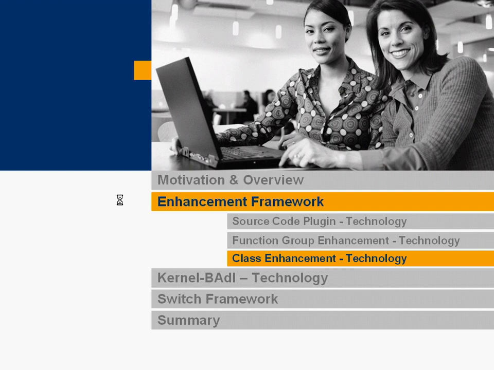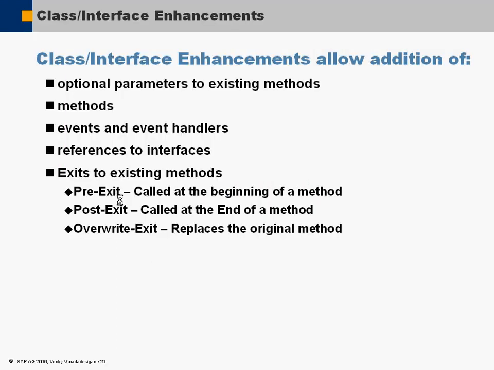Finally, the class enhancement. The global class or interface can be enhanced in the following ways. You can add optional parameters to any existing method. You can even add new methods, create new methods. You can add events and event handlers, and you have something called pre-exits, post-exits, and override exits.